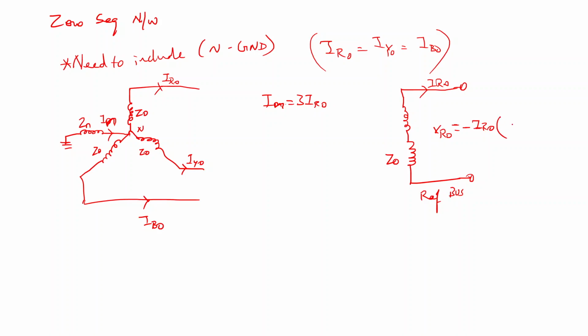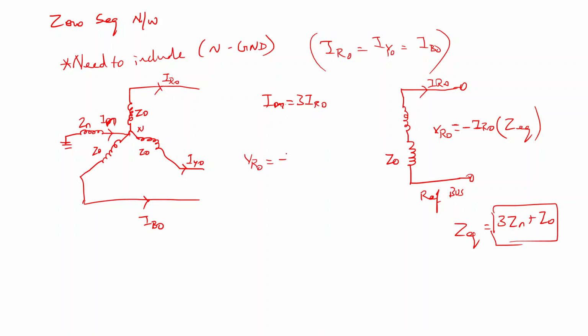the product of Z equivalent. So what is Z equivalent? Z equivalent is nothing but 3Zn plus Z0. So this is the Z equivalent here, 3Zn plus Z0, because I have taken IR0 outside. If I want to derive this, you can derive it here also.